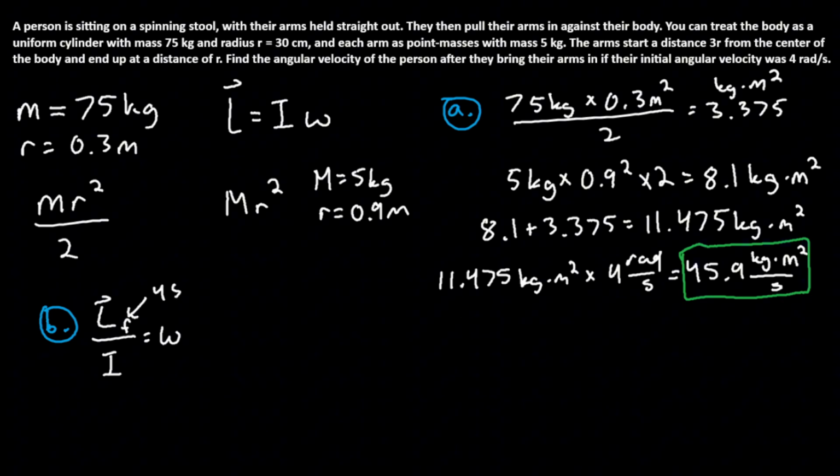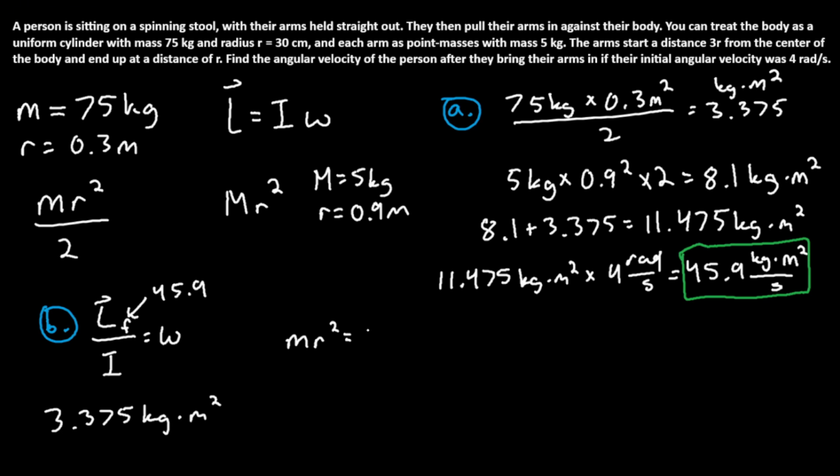So in this case, we have 45.9 as your angular momentum, but we need to calculate the moment of inertia. We can actually do that. So the moment of inertia of the body stays the same. It's still 3.375. But the arms are now inwards. So let's calculate the moment of inertia of the arms now. So mr squared is the moment of inertia, formula for point masses.